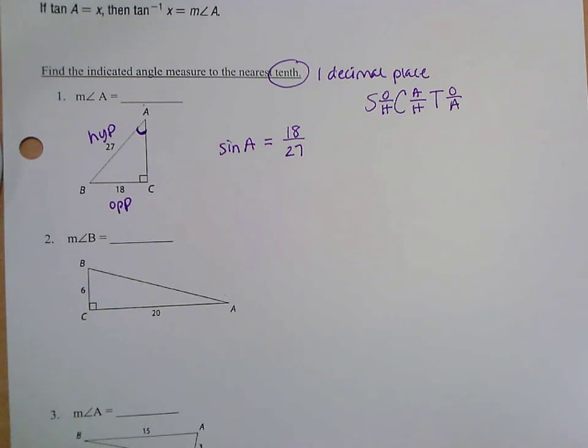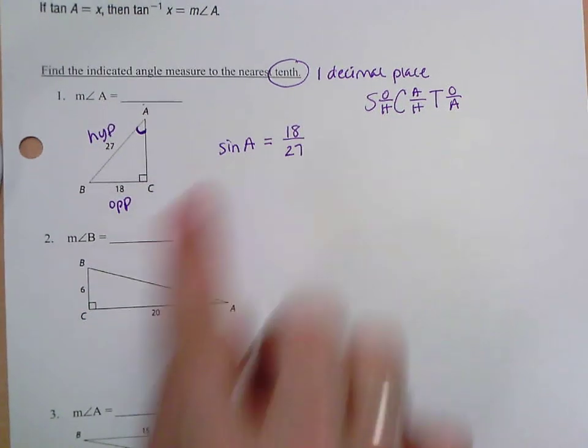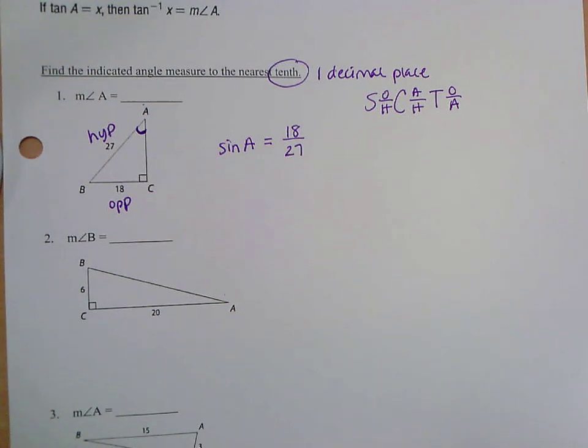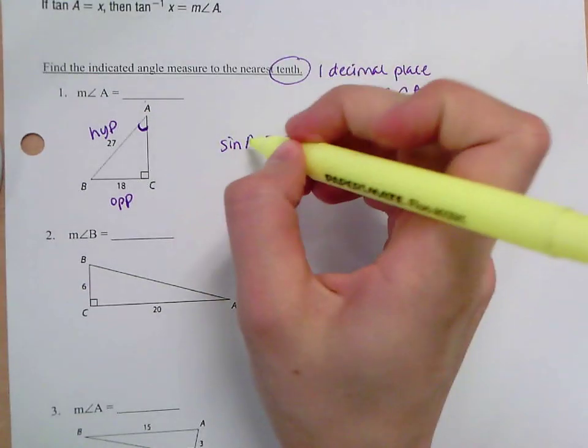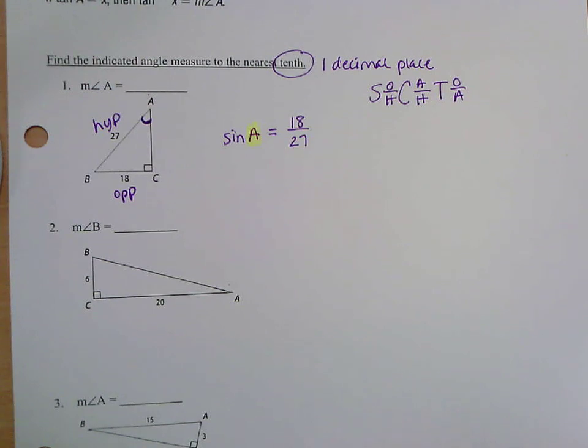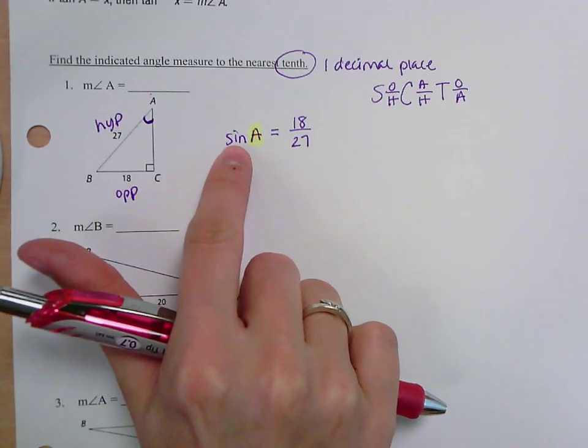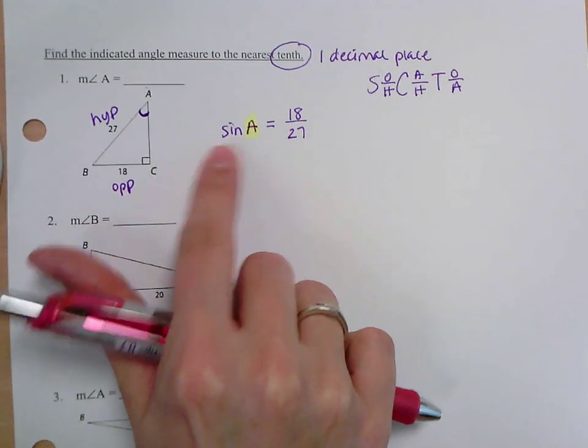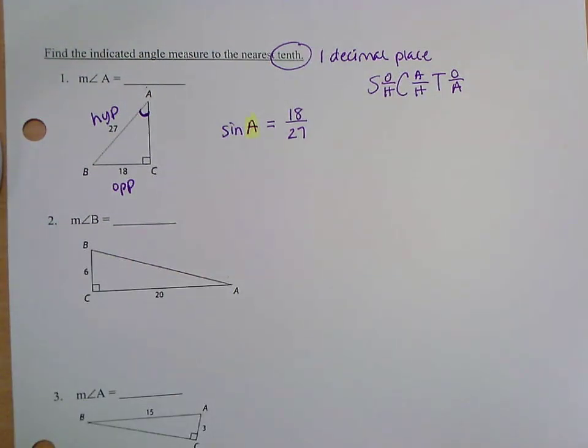You don't have to. From here, because I'm looking for the angle, I am trying to solve for A. In order to cancel out the sine, you can't divide by sine. Sine on its own is nothing.